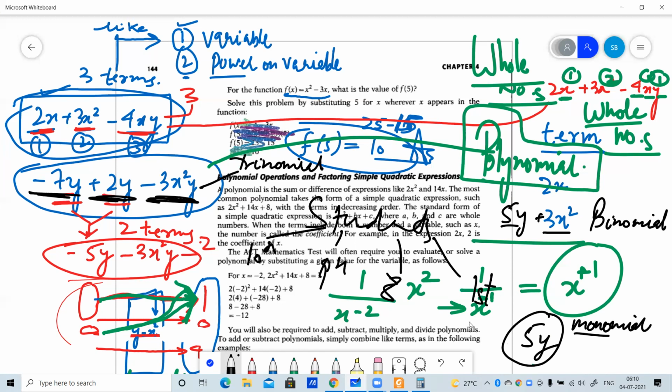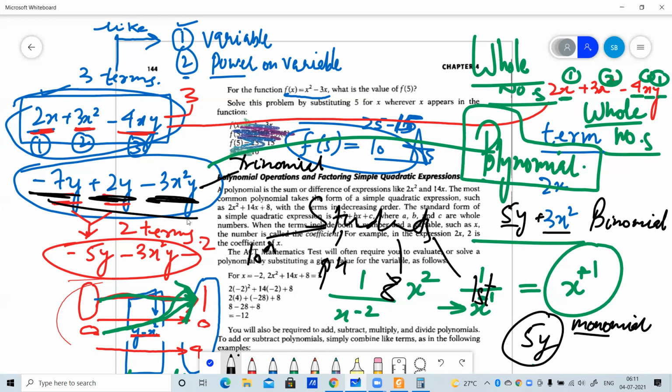So a monomial is a polynomial? Correct, yeah. We say that these are all polynomials, but if it's only having one term, then it's a monomial. If it's having two terms, then it's a binomial. If it's having three terms, it's a trinomial. And if it's having more than three terms, we say in general, it's a polynomial. That's it.